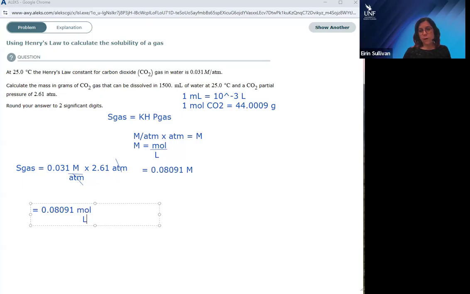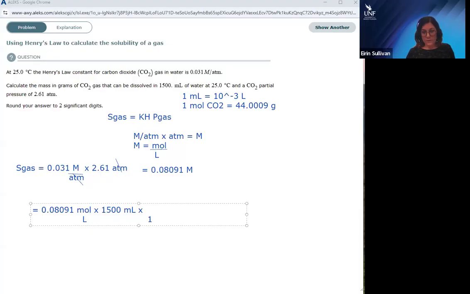So I'm going to convert from moles per litre to moles. So what I'm going to need to do is actually multiply by my actual volume, which is 1500 milliliters. And this is where we have a little problem because liters and milliliters is not going to cancel. So what I need to do is calculate milliliters to liters.